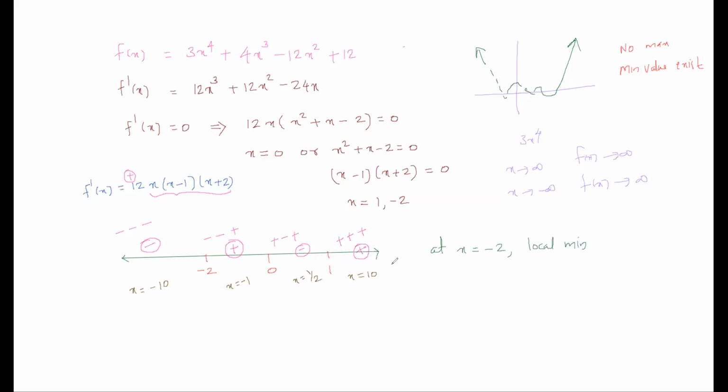Then look at 0: left side it is positive, that means the function is increasing. Right side it is negative, that means at 0 it is a local maximum. Again at 1, left side decreasing, right side increasing, it is again a local minimum.